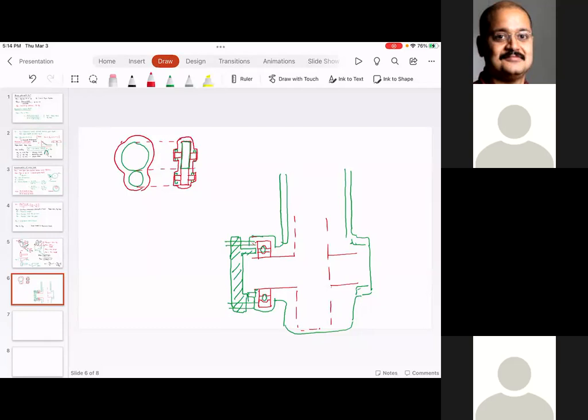And usually this gear train would run in an oil bath, so there will be oil here. Now, one thing I want to tell you is sometimes it's a good idea to see the heat dissipation characteristics of the gear train.